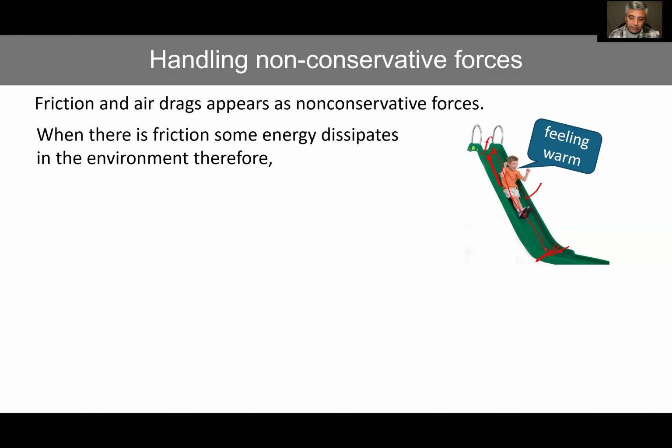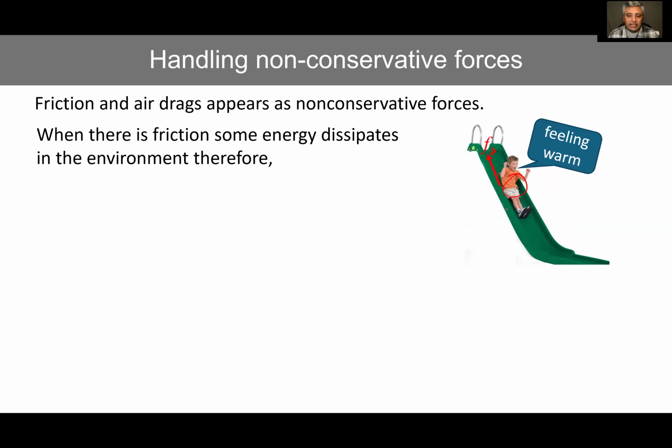So it slows down the kid. Okay, so the kid does not arrive with as fast a speed as it would if there was no friction, right? So friction has this tendency of taking energy out of this object, because usually friction does negative work, meaning the energy gets transferred from the system to another thing. So we need to keep track of that.